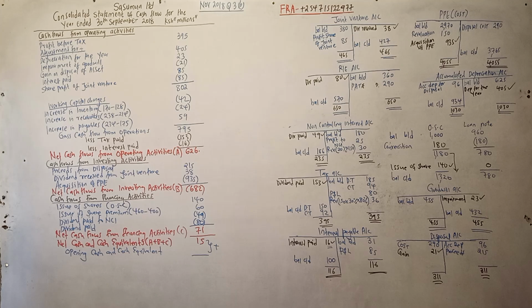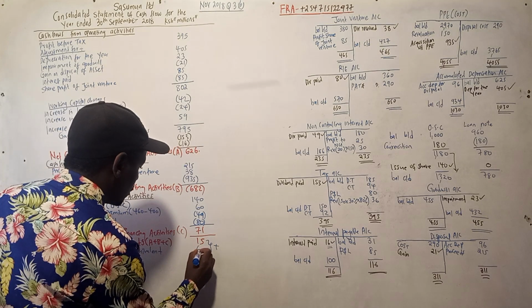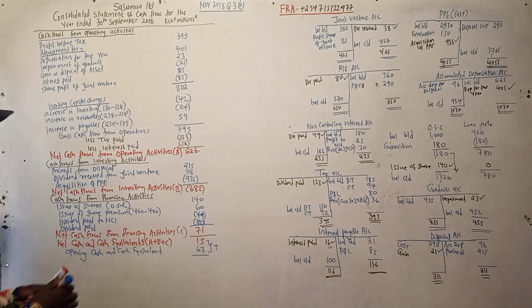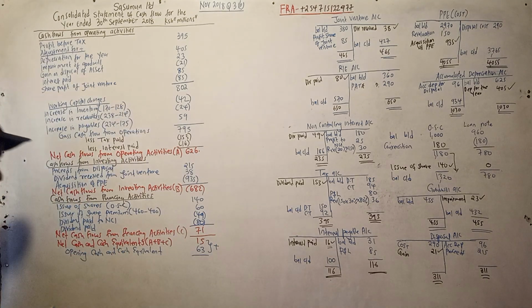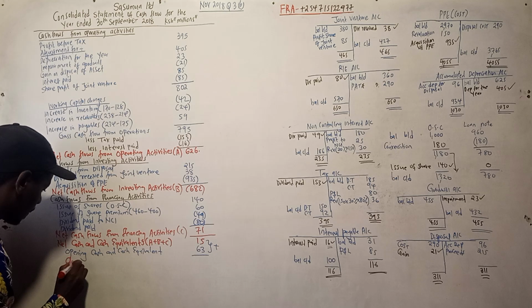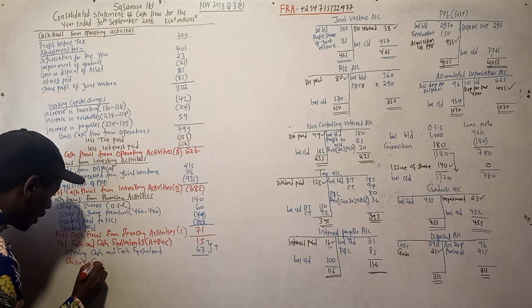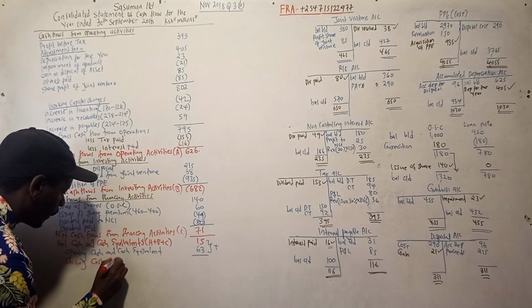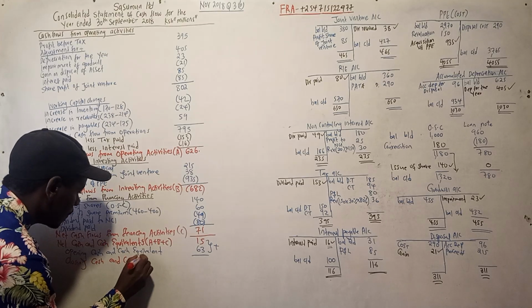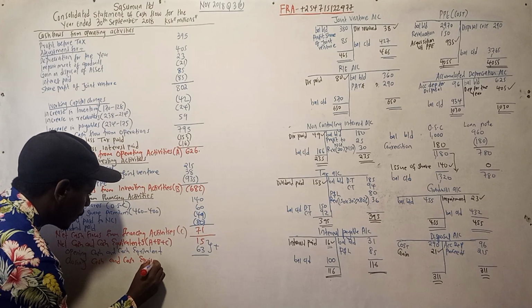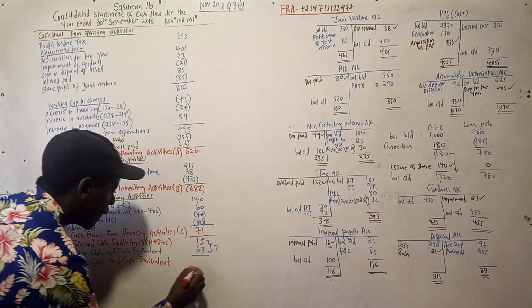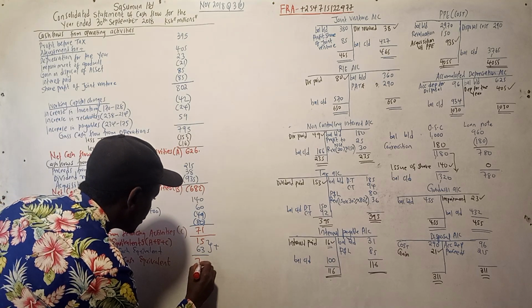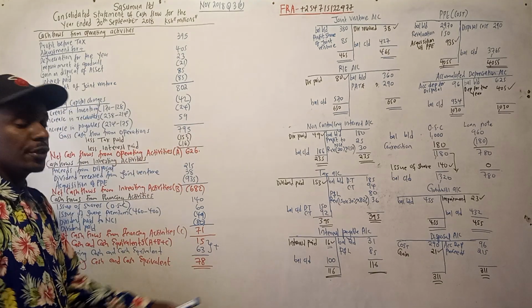The balance at the beginning is 63. When you add this one, you need to get the balance at the end. So closing cash and cash equivalent. That was supposed to be 78. I hope it is the same.